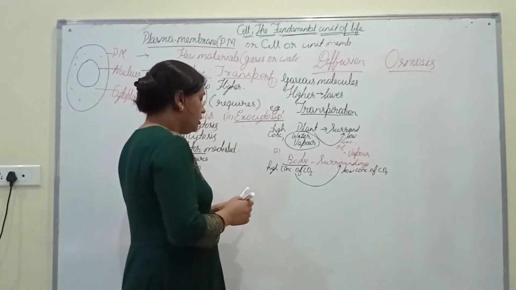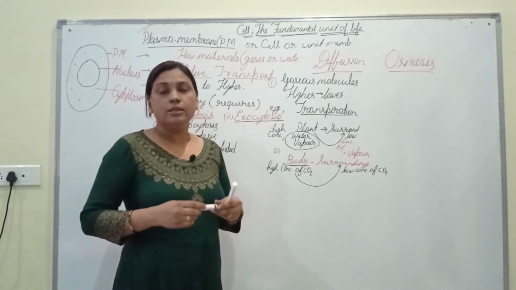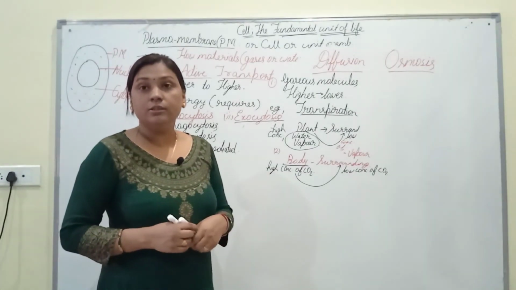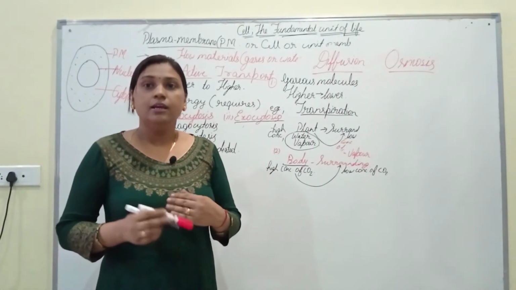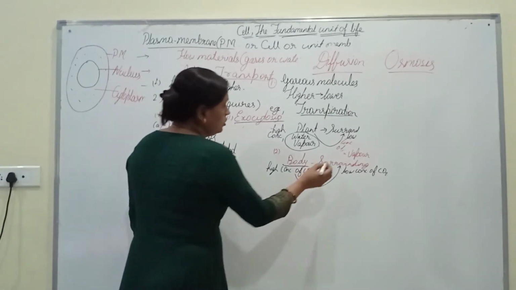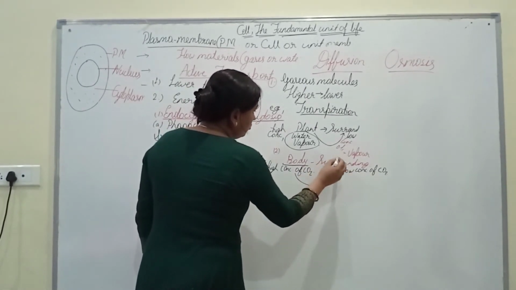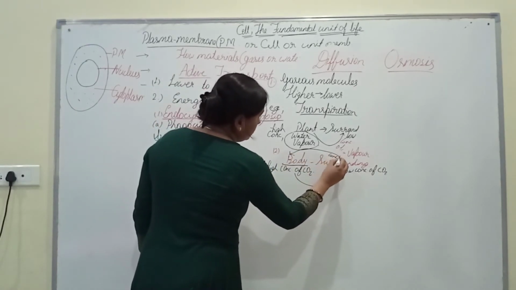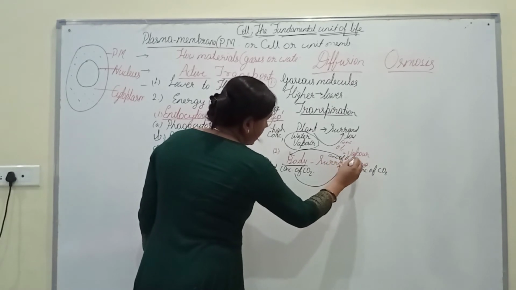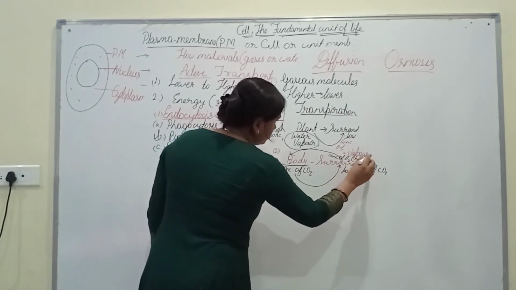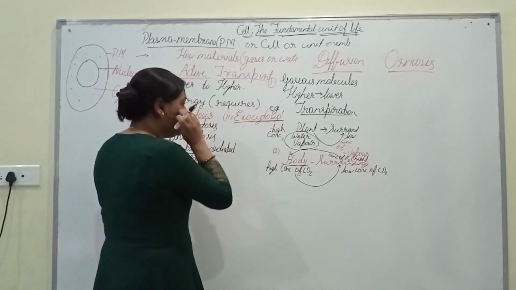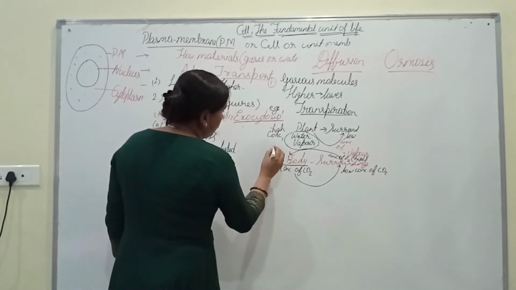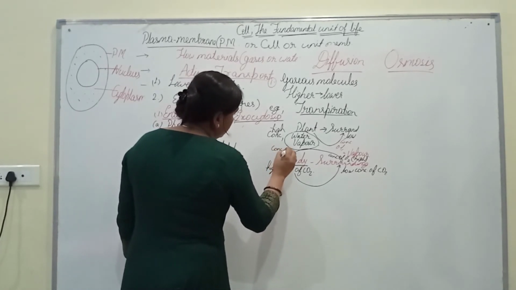Similarly, at that time the concentration of oxygen is low in our body. The concentration of oxygen is high in the surroundings, so it will move into the body where the concentration of oxygen is low.